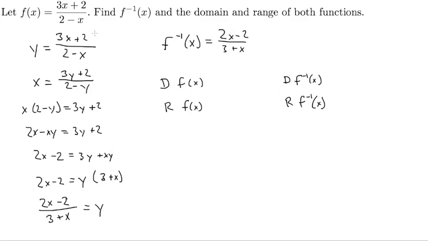Remember, the domain of a function, when we're given the rule, is going to be everything except where things go wrong. The two big no-nos are dividing by 0 and taking the square root of a negative number. We're taking no square roots here, so the only way that the original function can go wrong is if x equals 2. So for the original function, we want to make sure that x does not equal 2.